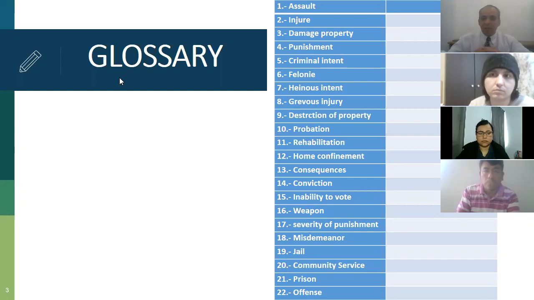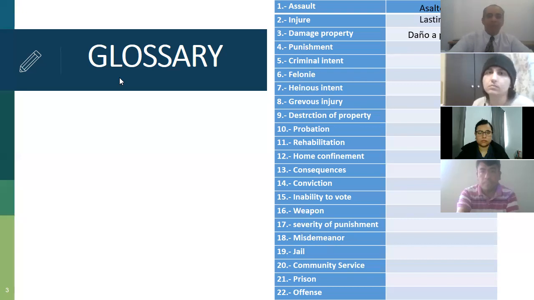Some of them, I think the words are obvious for Spanish speakers. But for example, the assault, I think it is easy to know that is asalto. Or injure, that is lastimar. Damage property means daño a la propiedad.